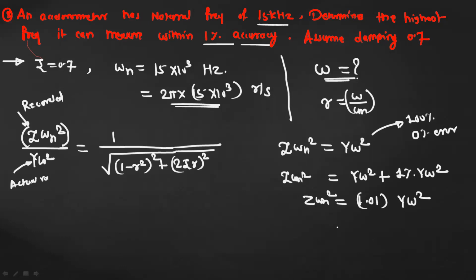If you take the ratio, z omega n square upon y omega square is equal to 1.01. The second possibility is that we subtract 1% from y omega square, so it will become 0.99. So we have to find the ratio r for 1.01 and for 0.99.